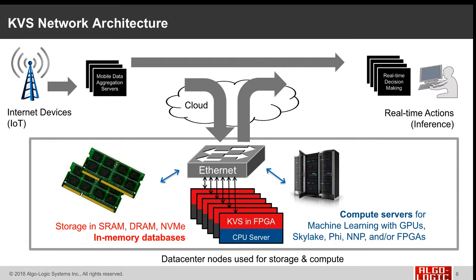So you've got in-memory SRAM and DRAM and NVMe, so that you have this parallel system that can be computing and learning based on real data that's coming in. And then after you've learned how to do something, you can push that result out to your decision-making process. So now your decision-making process has inputs coming from what was learned in the data center, plus the real-time inputs coming from the IoT devices.